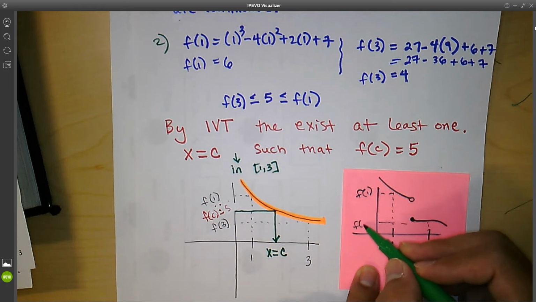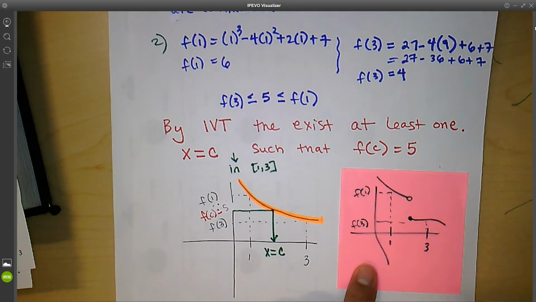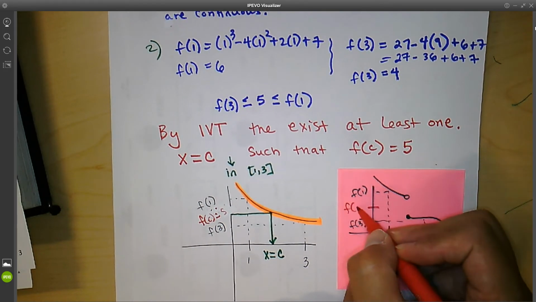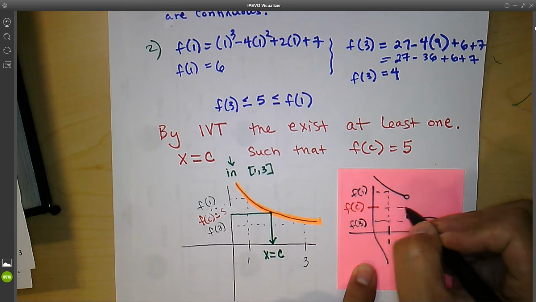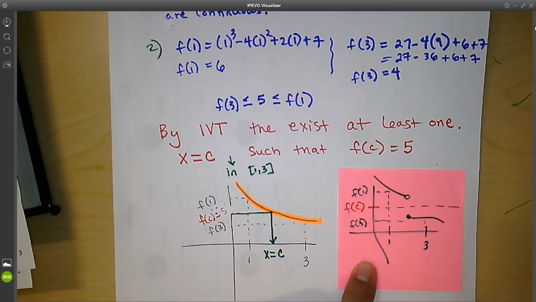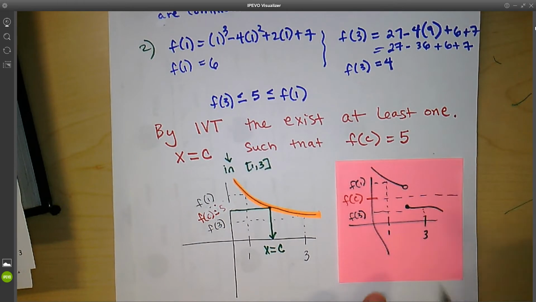F of 3 is there. And then we pick a f of c in between. Can you guys see why, if it's not continuous, the intermediate value theorem doesn't work? It won't guarantee any x that works. So that is an example of when we cannot use the intermediate value theorem.